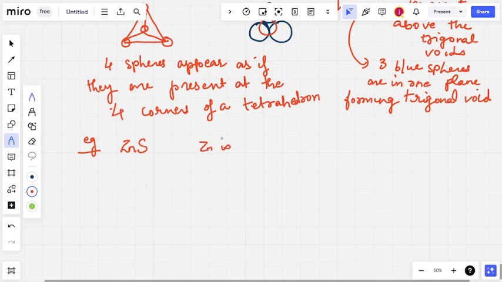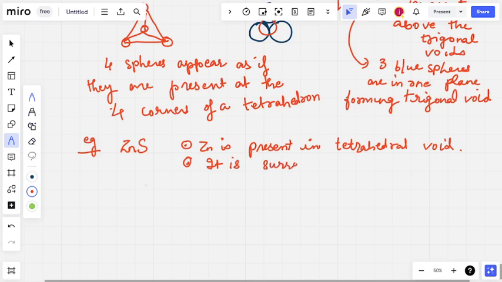Zinc is present in the tetrahedral void. It is surrounded by sulfide ions, right?